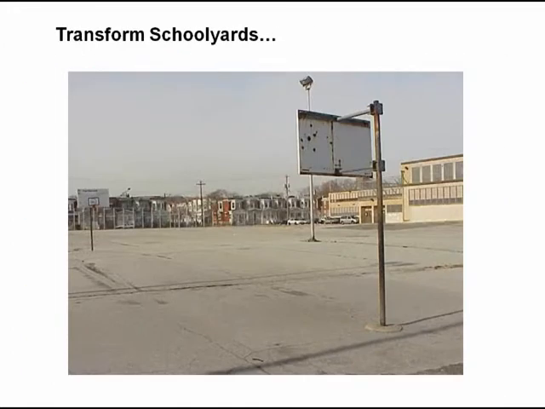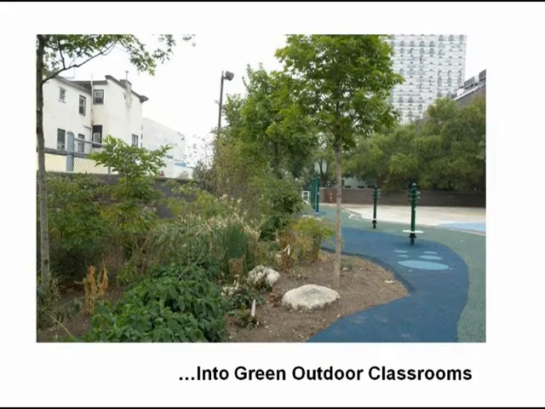Each of the schools has a schoolyard, and honestly, most of the schoolyards in the city look like this, without a leaf to be seen. I think this is partly because of the popularity of basketball, and perhaps partly because it's easier to maintain a paved surface than green surfaces for the school district.